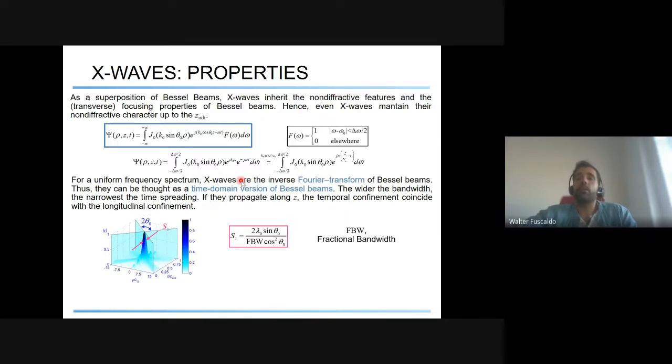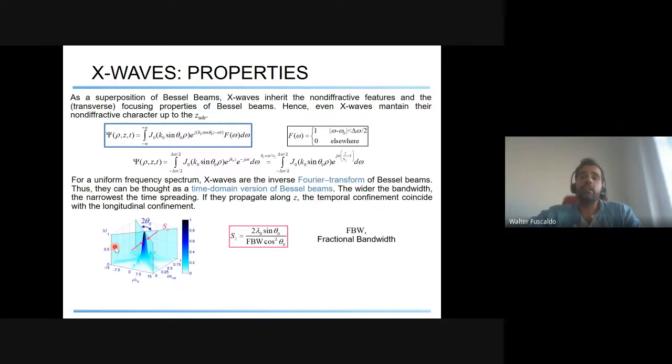Since the propagation of an X wave occurs along the vertical z-axis, the larger the bandwidth over which this polychromatic solution is generated, the narrower the size of the pulse along the longitudinal direction.